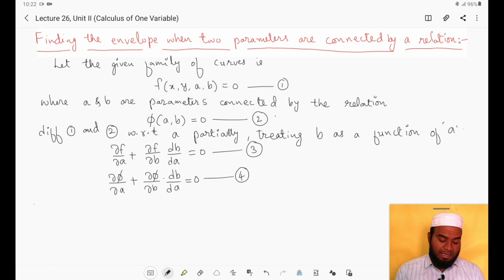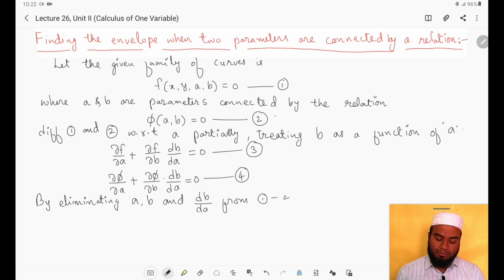So by eliminating the parameters a, comma b and db by da from equations 1 to 4, means when I write like this, 1 to 4 means 1, 2, 3, 4, all these.